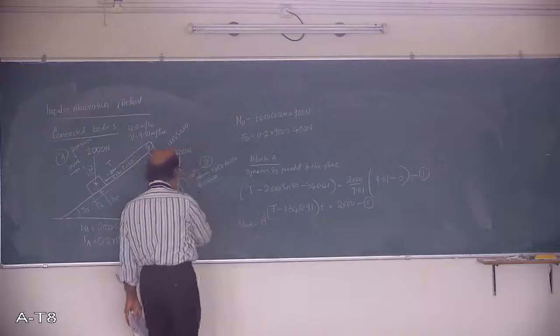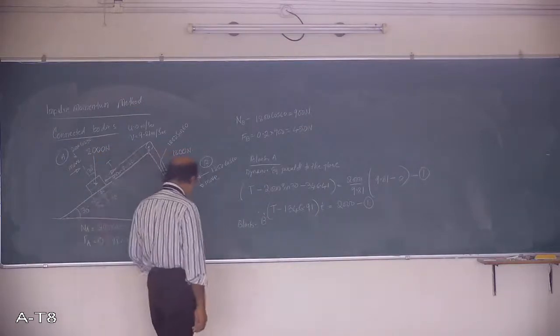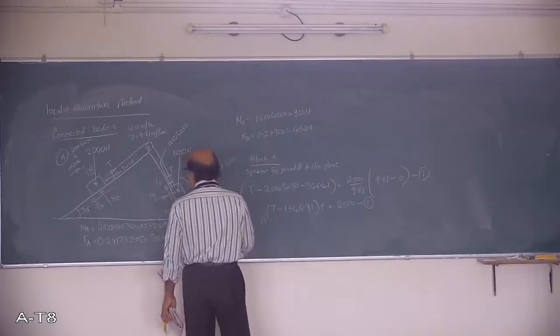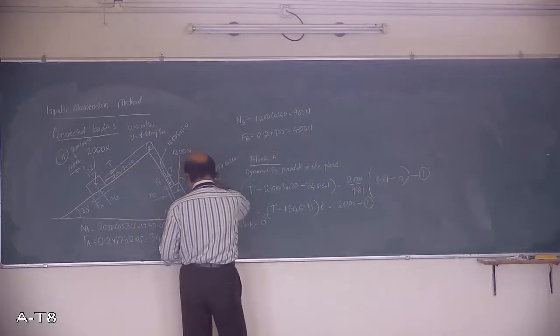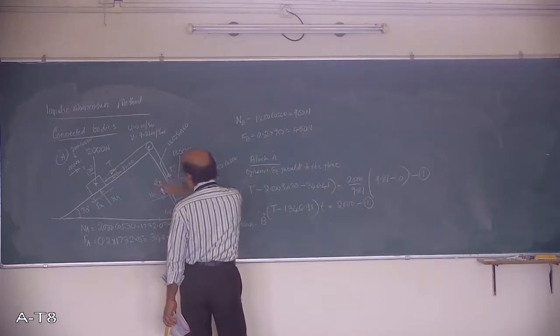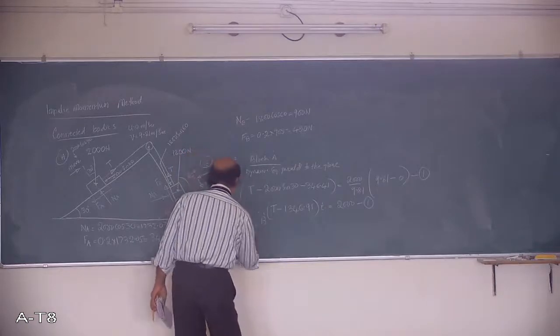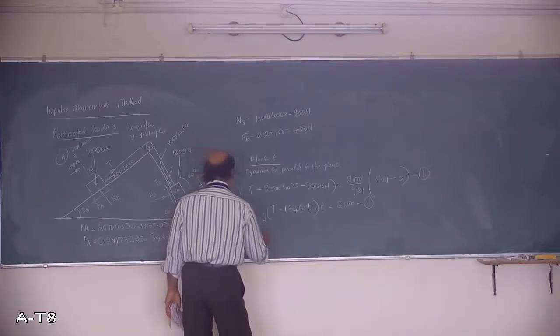You apply the equilibrium condition for this parallel to the plane. So here also what I will do: T is acting upwards, F is also acting upwards, and this one I will take upward, as this I have taken minus. I will take minus T upward and minus FB.